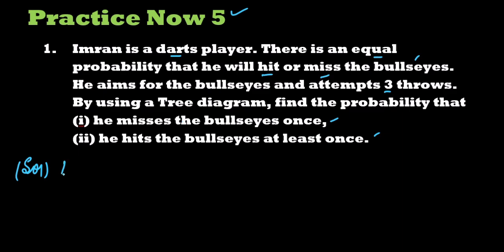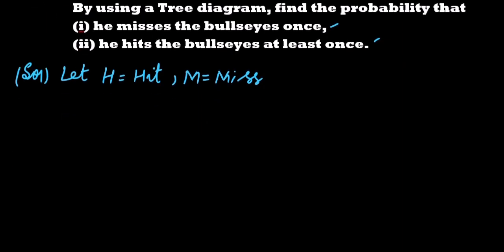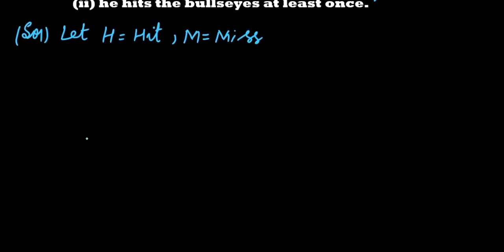Let the letter H stand for hit, and the letter M be used for missing the target. In his first throw, he has 2 possible outcomes. It could be hit or it could be miss.